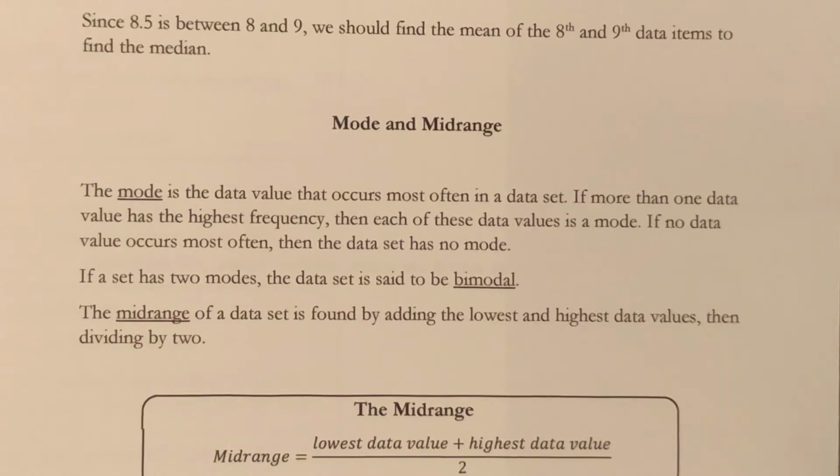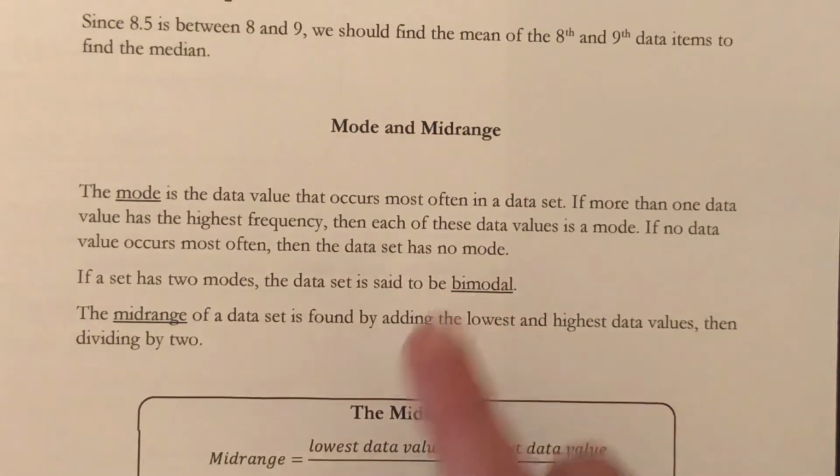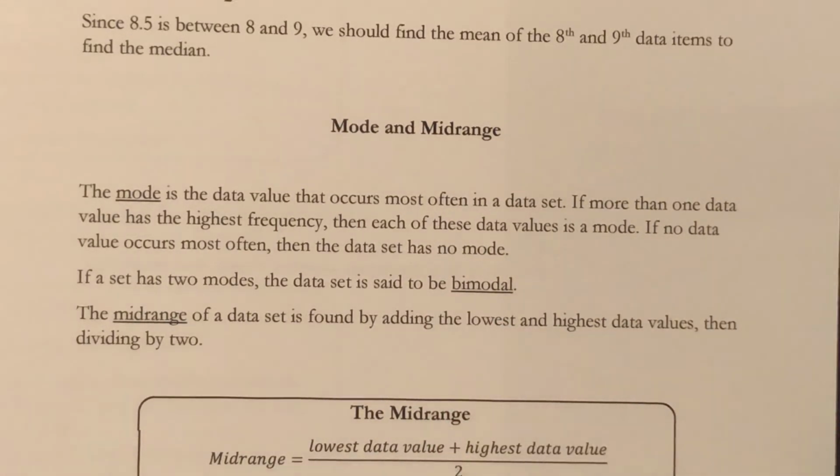If every entry only appears once, then nothing appears more than anything else, so we say we don't have a mode. Now, we have a special name for a set that has two modes. It's called bimodal. I have not heard of any other special name for any other number of modes, but bimodal means two modes. So that's just, what's happening most often here? The mode.